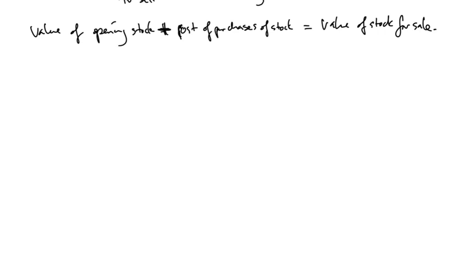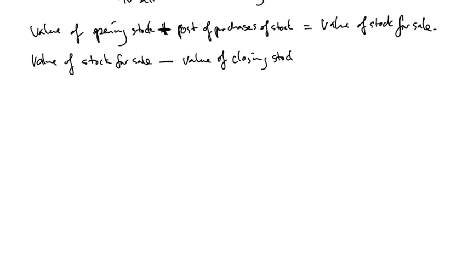And then this is the formula that leads on from that. If you have value of stock for sale and you take away what you had at the end left over that you didn't sell, you will have the cost of goods sold.